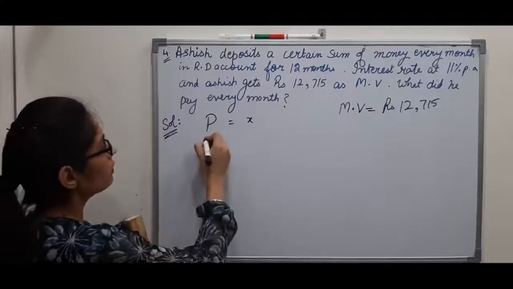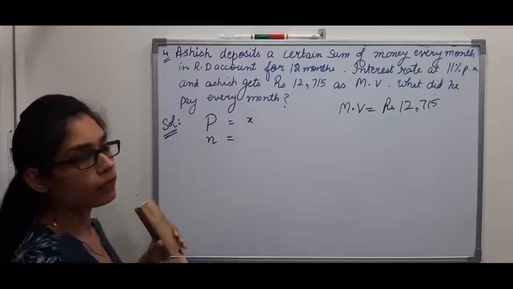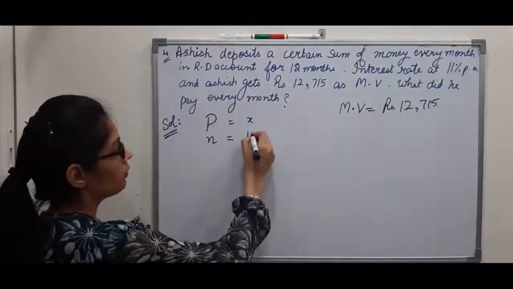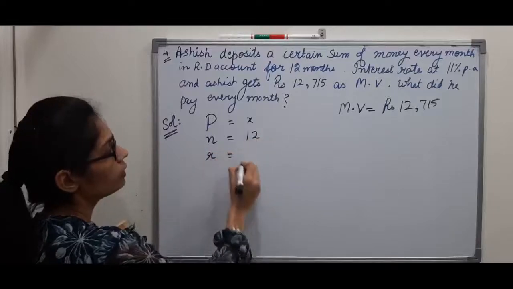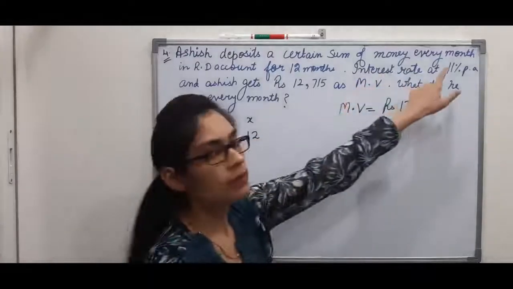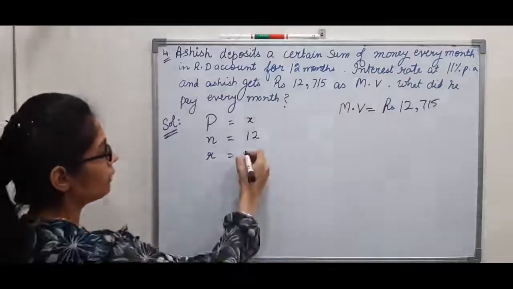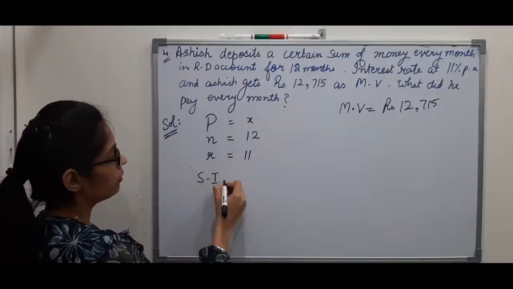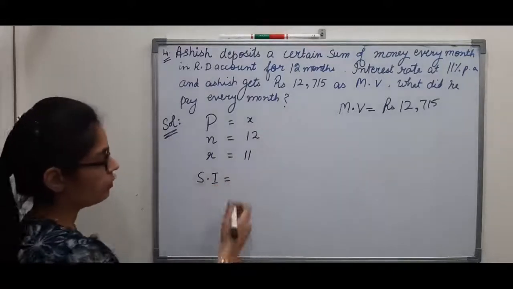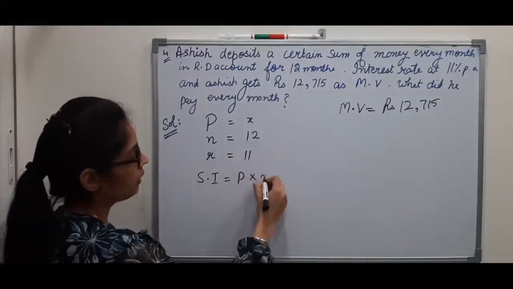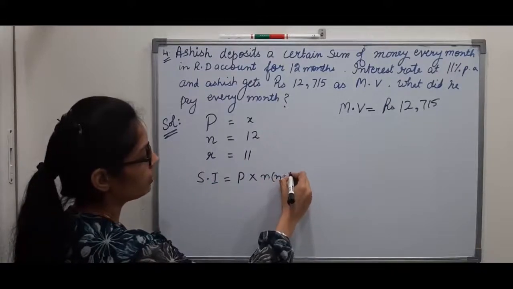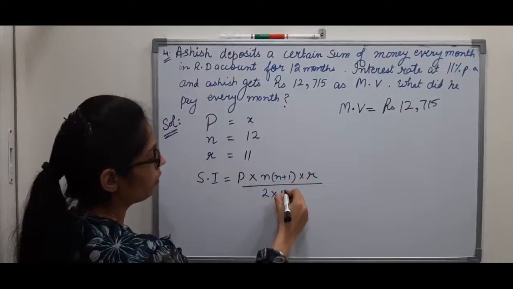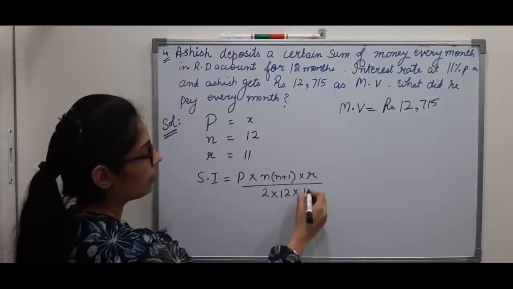So first I have already assumed P as X. Now I will see the other things. What is the value of n? n is 12 months. Number of months 12. Now our rate of interest, we can see the interest rate is 11% per annum. So I will write the value. Now I will write the formula of simple interest, which is P into n plus 1 into R upon 2 into 12 into 100.